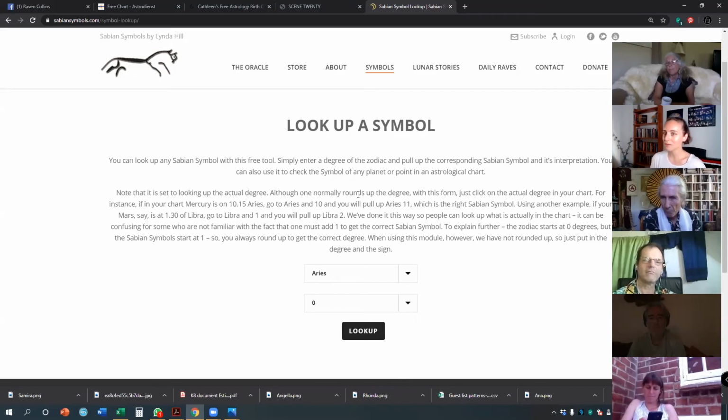Because in many cases, I discovered that the Sabian symbol for that next degree makes more sense than the one before. Maybe it's the pulling strength of the next, almost like with the aspects, when we are very, very close to the next aspect, so the magnetic force of it is pulling us more strongly than the previous degree.